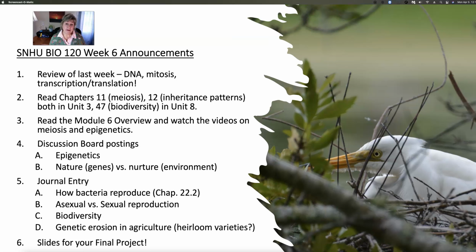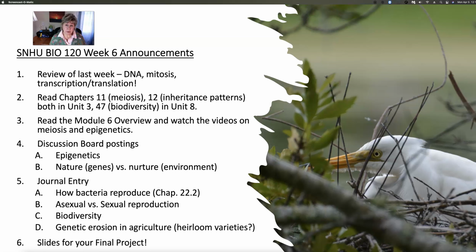You have to have that variety in order for some members of the species to survive. So we need biodiversity in order for species to survive. That's just tremendously important. And if not, species will die out.